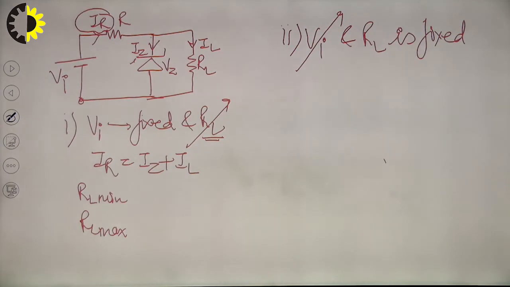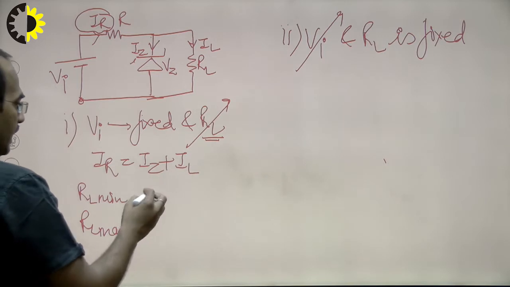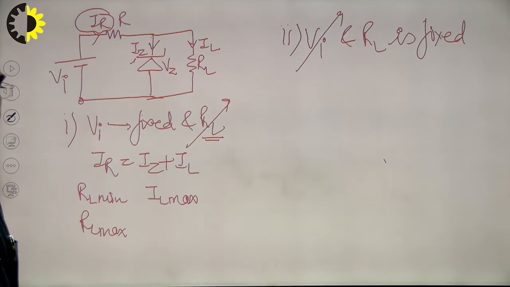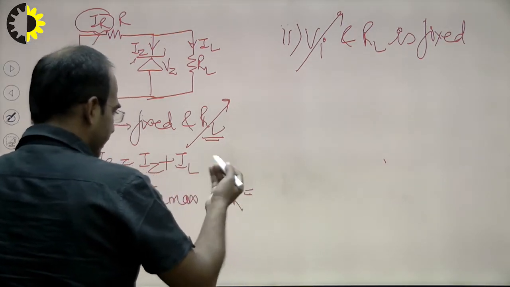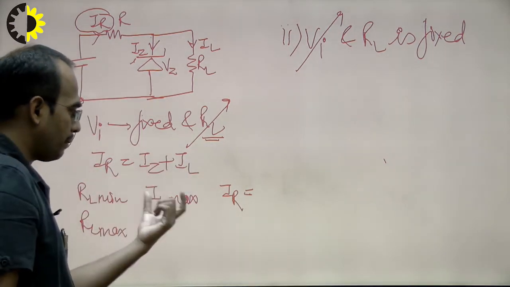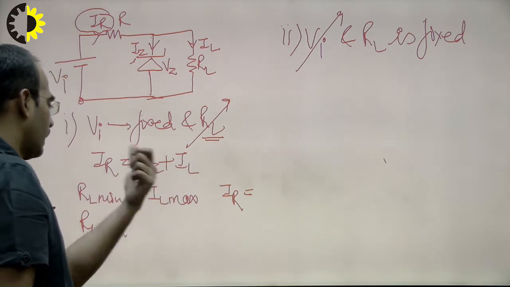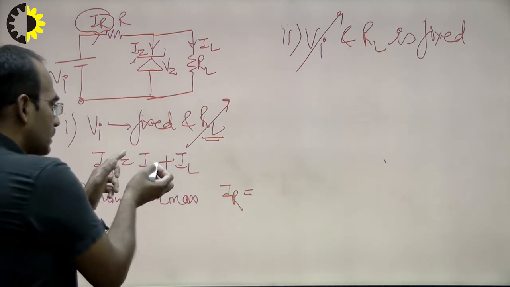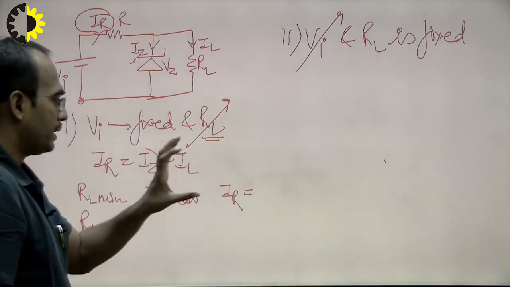Same concept I am going to use here. If the load resistance is minimum, in that case IL will be maximum. For maintaining a fixed value of IR, if I am increasing this IL max load current by decreasing this resistance RL, then this Zener current will change for maintaining this value IR fixed.